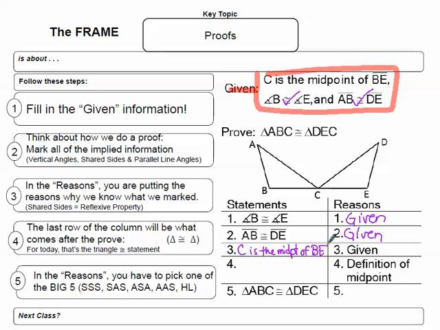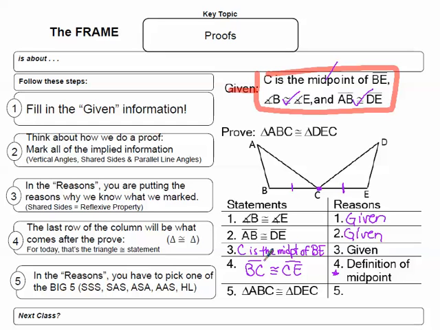Now, even though these are glued together at a point, those are not vertical angles, but I just learned that C is in the middle. So what that tells me is that BC is the same thing as CE. The definition of midpoint tells me that BC is congruent to CE.